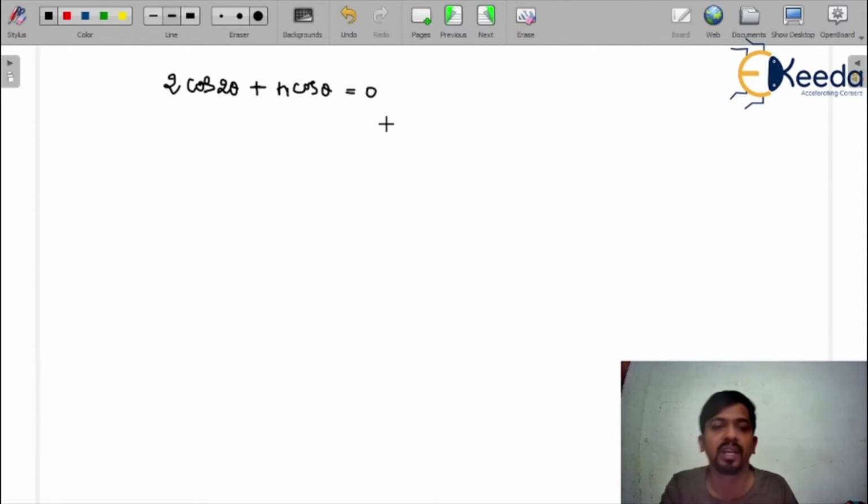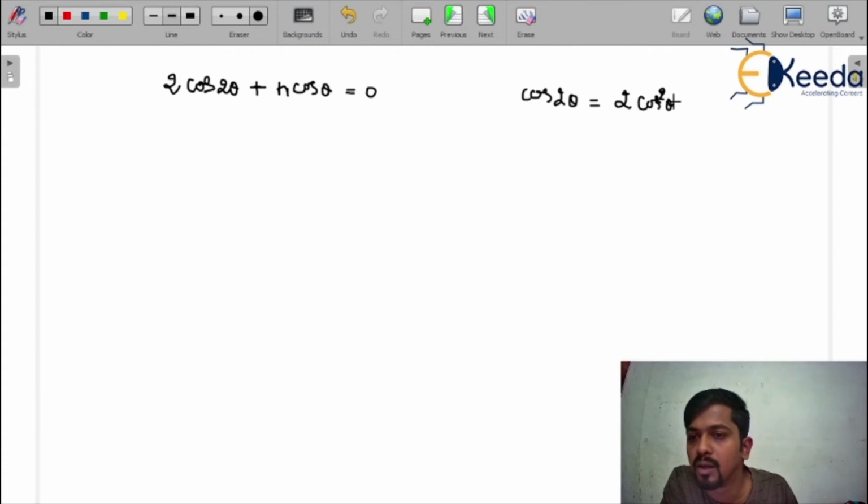Now we all know that cos 2 theta is equal to 2 cos square theta minus 1. You can put this in, and n is 3.33.